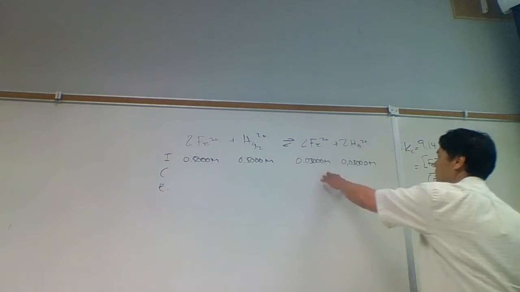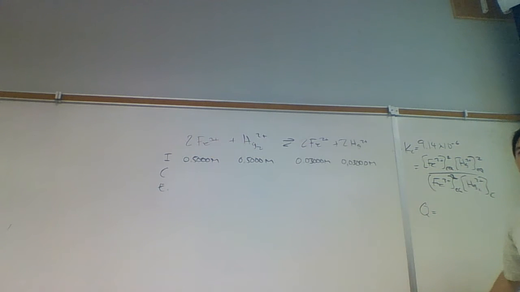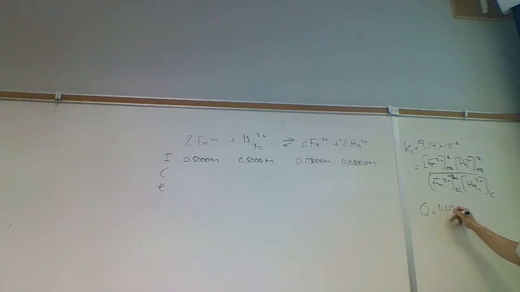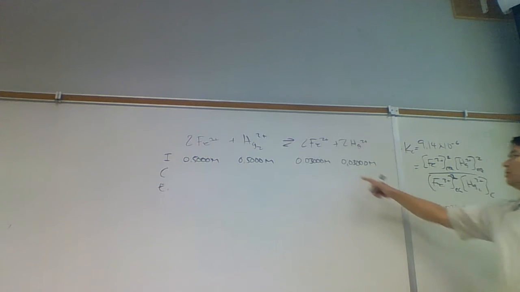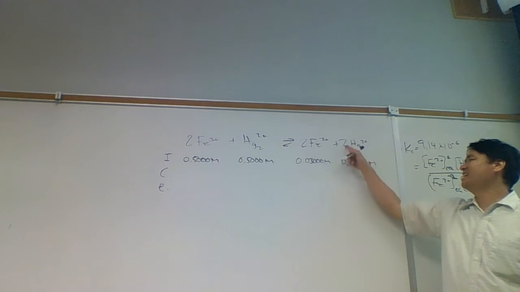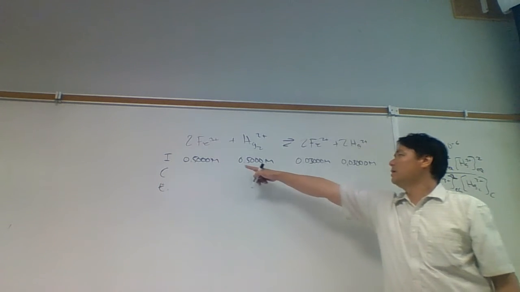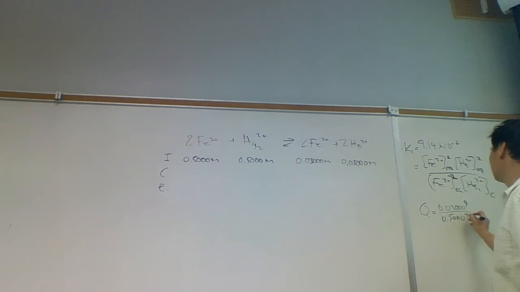If I do a Q calculation, maybe I'm already at equilibrium. If I'm already at equilibrium, I don't have to do anything. Q calculations just take the concentrations as given, 0.03 molar. Then we're going to square that, but this is the same, so it's 0.03 to the 4th. And then 0.5 molar, squared here and raised to the 1st here, so this will be cubed.